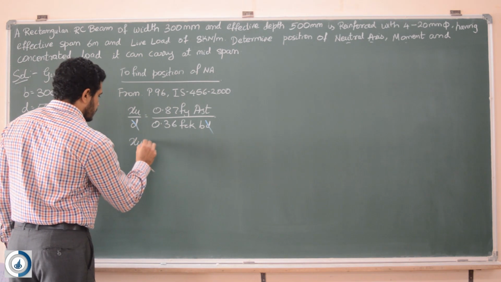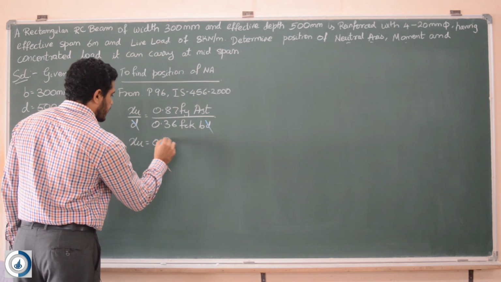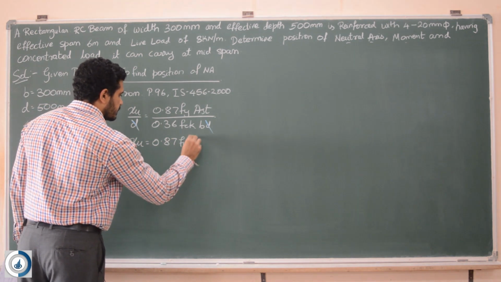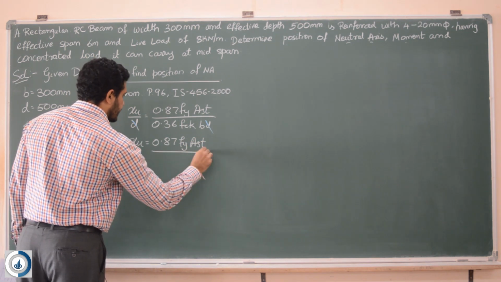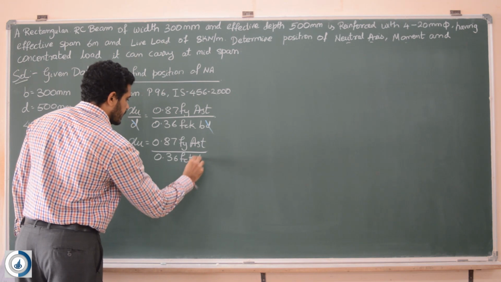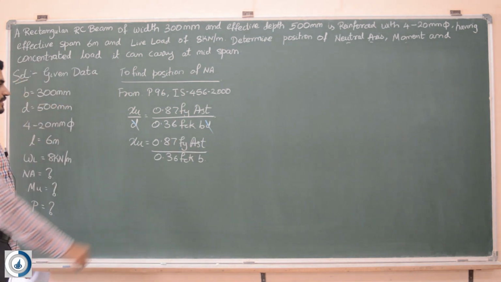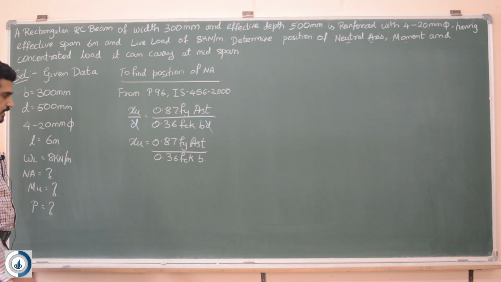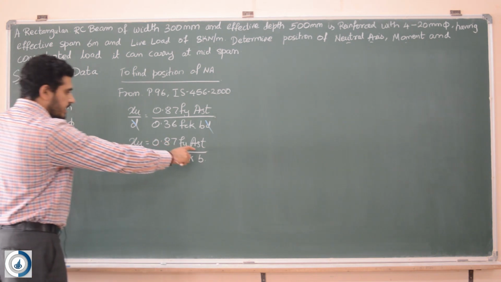So XU is equal to 0.87 Fy AST divided by 0.36 FCK B. Now all the things are available with us, but before that we have to calculate AST.